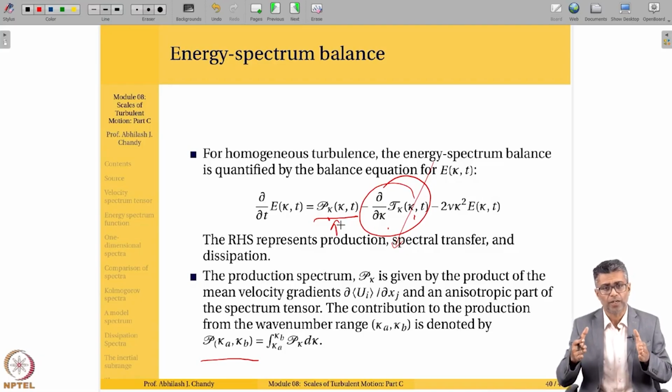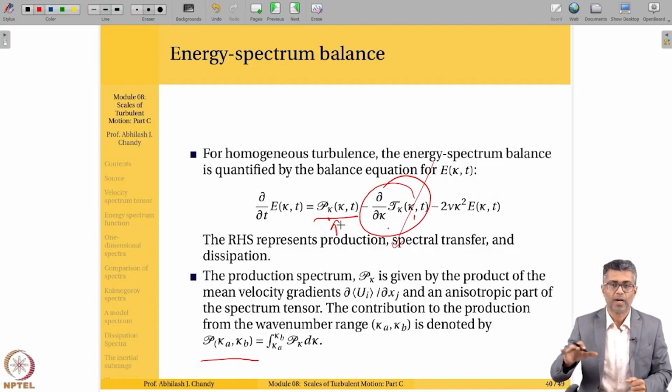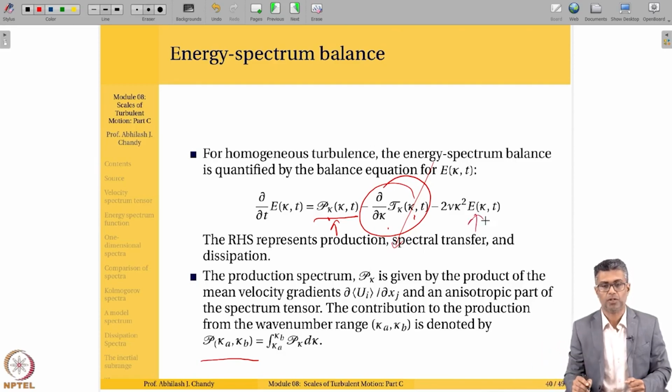You have the inertial range through which there is a transfer happening. And then you have the dissipation range where the actual dissipation of turbulence is happening, and that is what this term is. This is essentially the D of kappa, t. We had plotted even the dissipation spectra from the model spectrum.